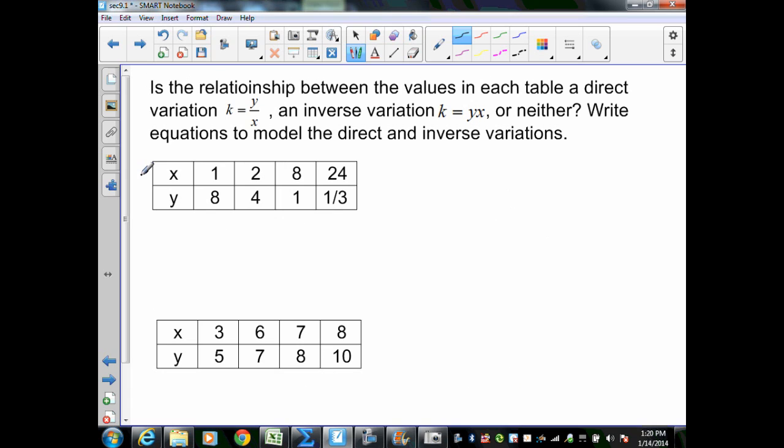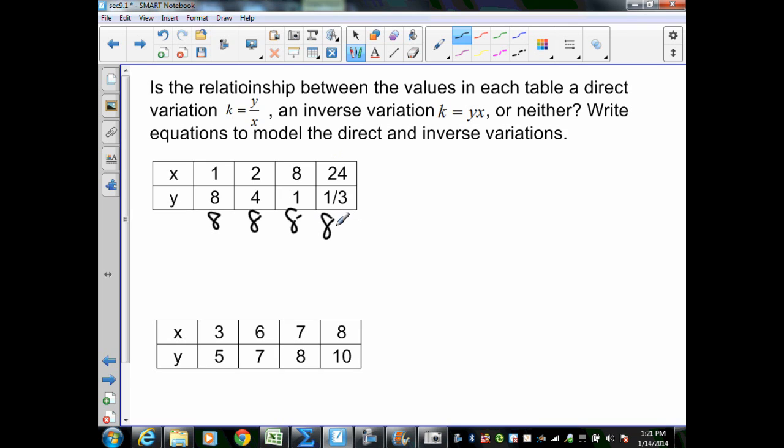On my next example, I have values of x that are increasing and values of y that are decreasing. I need to determine if this is an inverse variation. First of all, x increases and y decreases, so it's possibly an inverse variation. Let's determine if my constant of variation is the same for each ordered pair, or product of x, y. Here, 8 times 1 is 8, 4 times 2 is 8, 1 times 8 is 8, and 24 times a third is 8.